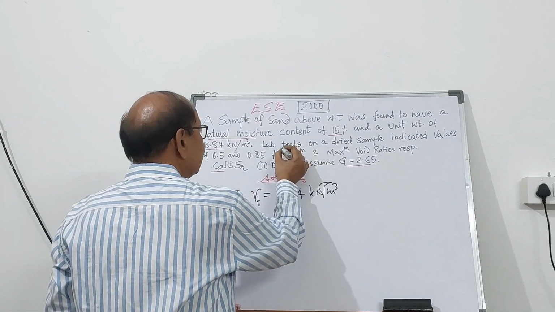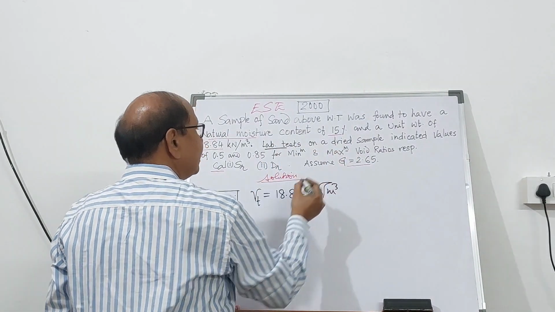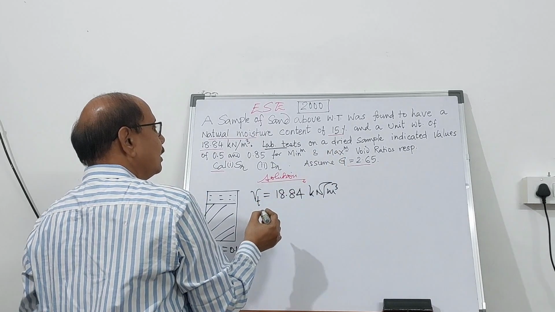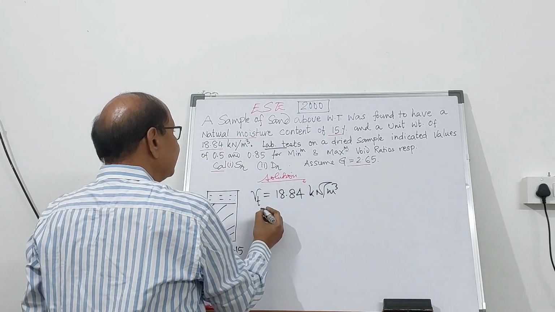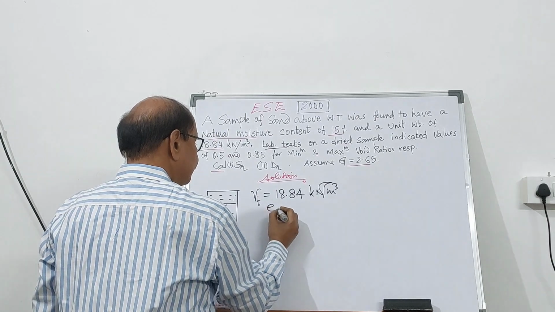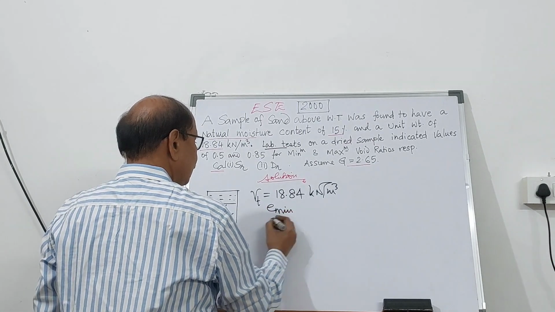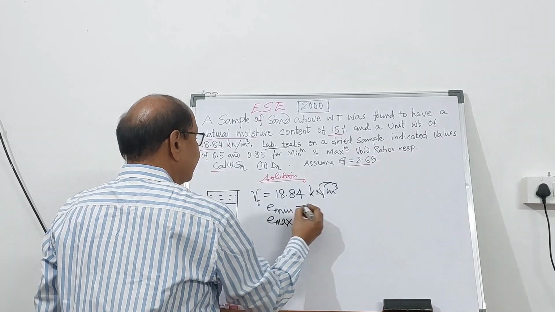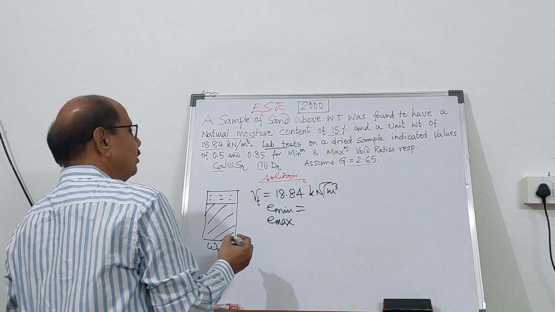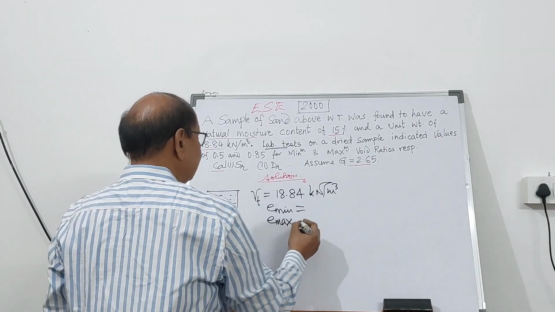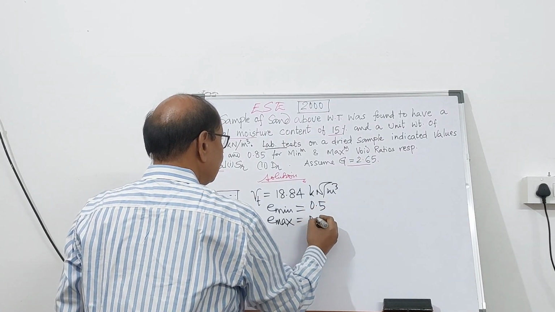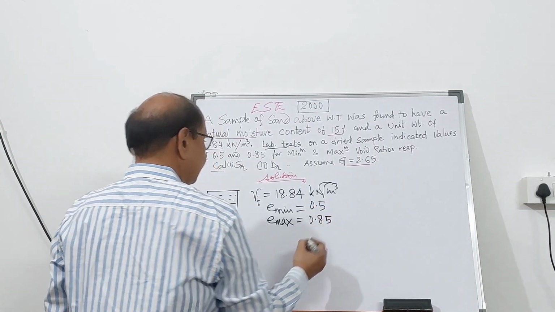What else is given? The lab test on a dried sample indicated E minimum and E maximum, void ratio minimum and void ratio maximum, as 0.5 and 0.85.